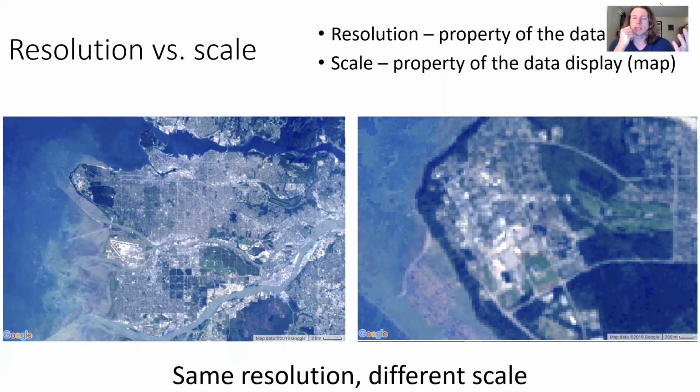But if we use this resolution data and zoom in to a different scale, we can see that things start to look grainy. So again, the scale is the attribute of the map. What's the actual size we're looking at? The one on the left is a small scale map that's very zoomed out, and the one on the right is a large scale map, very zoomed in, but with the same data.